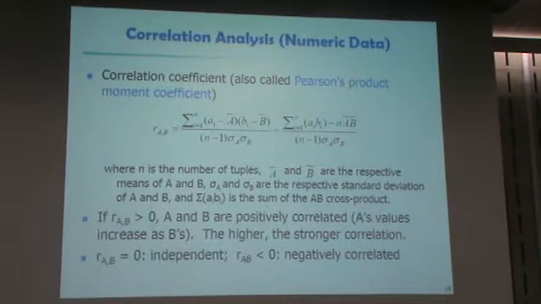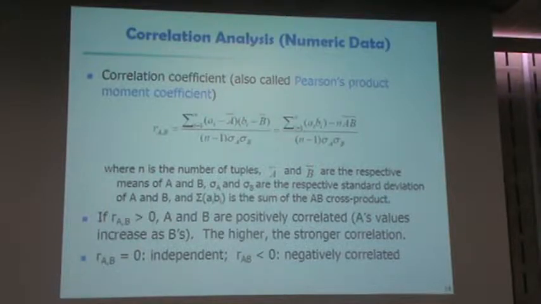And sigma A and sigma B are the standard deviations of the A and B data. Then this is actually simplified as the sum of A times B minus n times A bar and B bar in statistics.